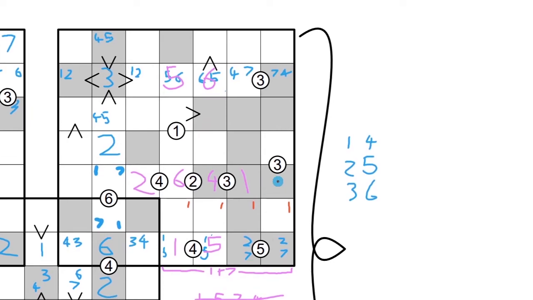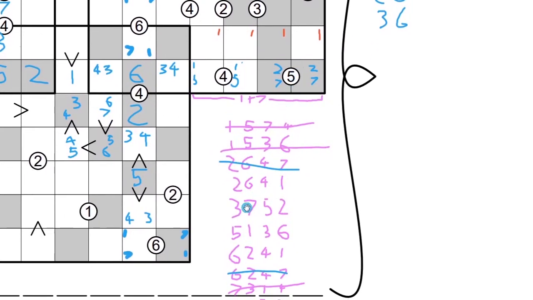That can't be a 7 or a 1, 4, 6 or 2. So it's not that. It's not that. Well, it could be about. It's not that one. It could be that one. 2, 5. No, it can't be that. So that has to be 3, 6. That would work. Okay.